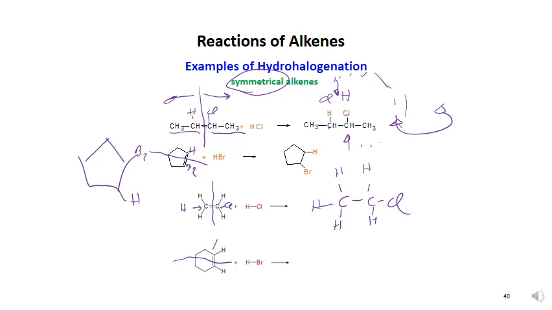You're going to stick an H there, Br there, the double bond goes away. That's it. Bromocyclohexane. Good. Okay. So those are symmetrical alkenes, and those are simple.